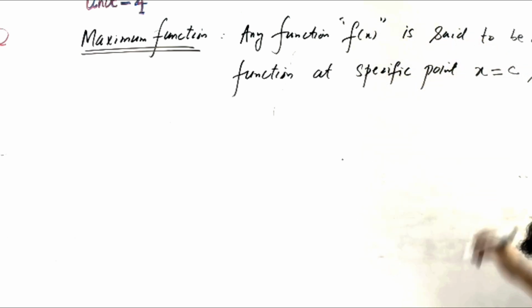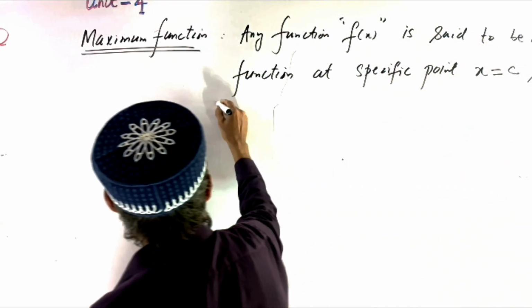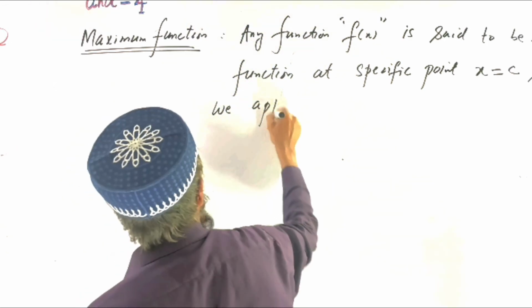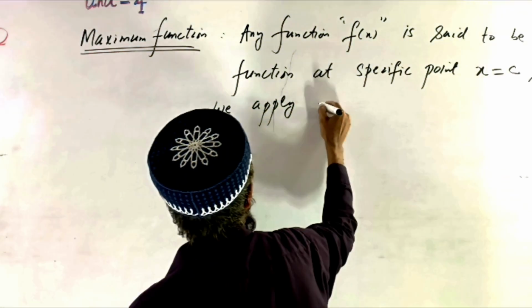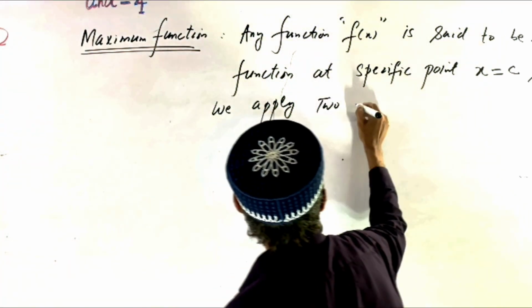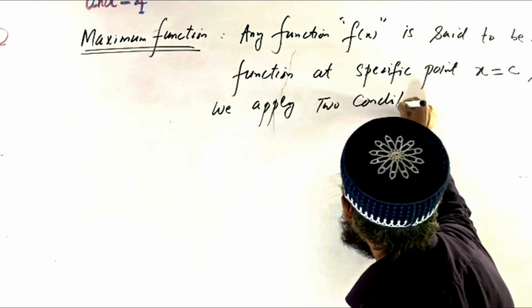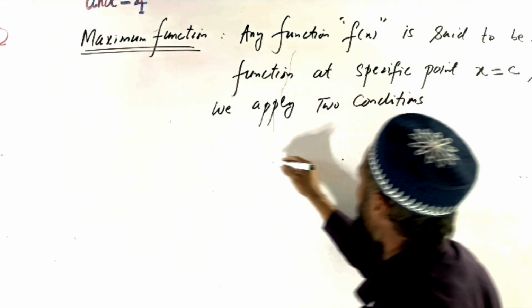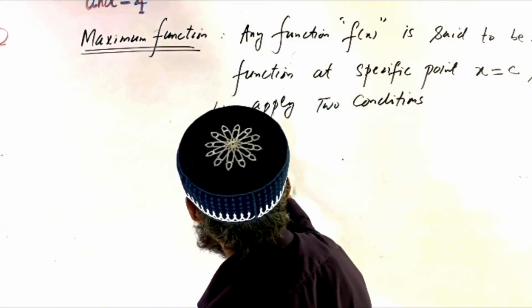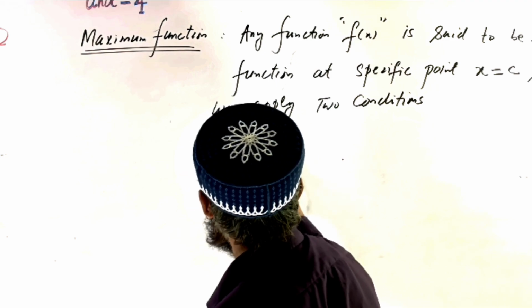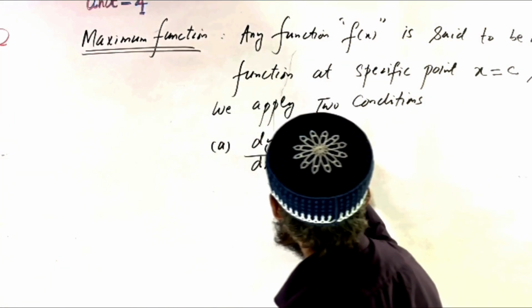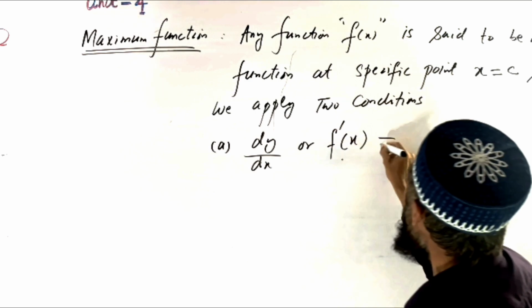So we apply the two conditions. The first condition we are applying, dy by dx or f dash x is equal to 0.